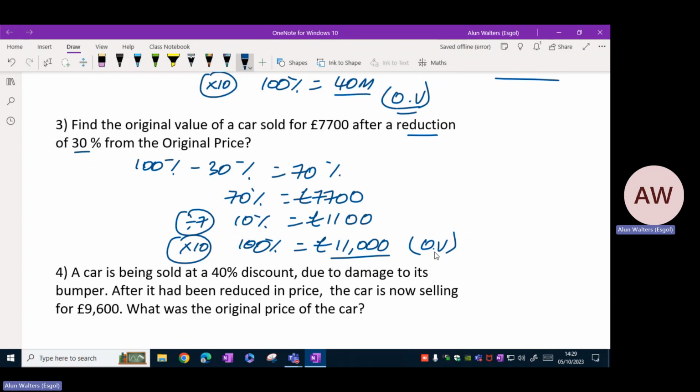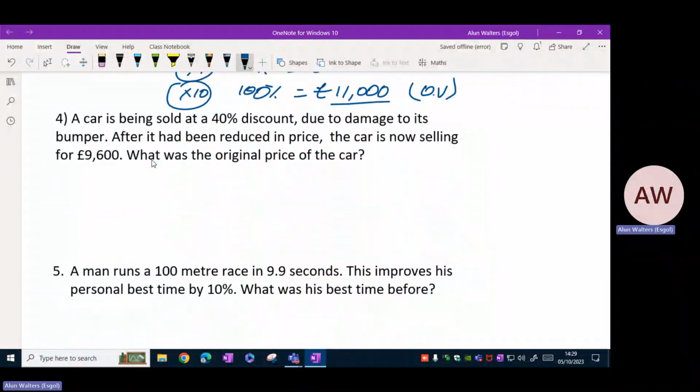Right. Question 4. It's a discount. The car has been sold at a discount, so it's a reduction. So I'm going to start off by saying 100% take away 40%.